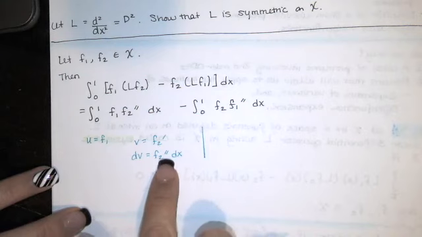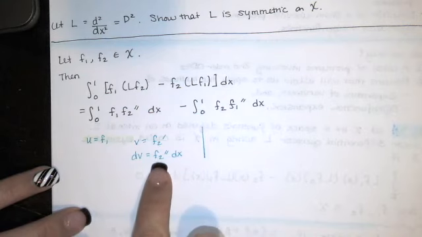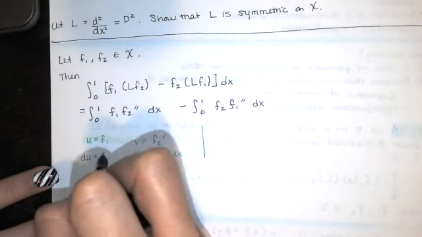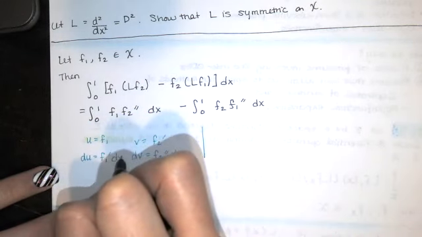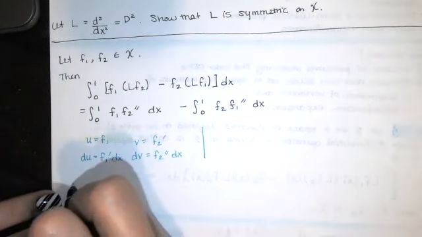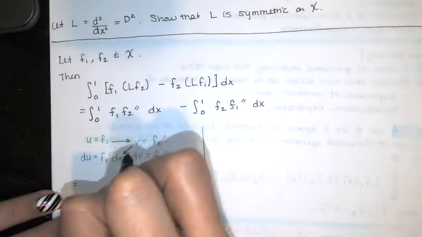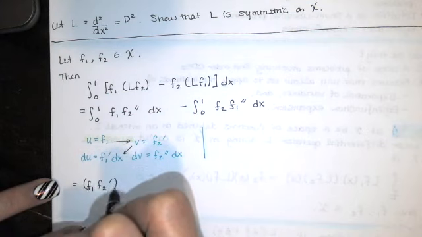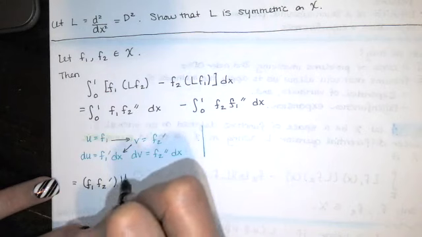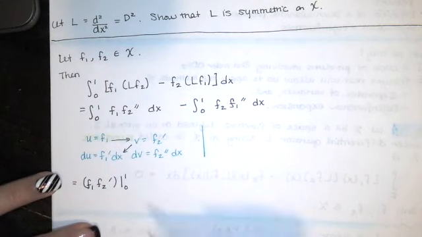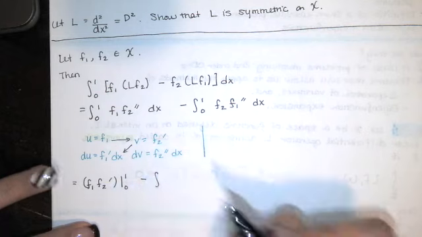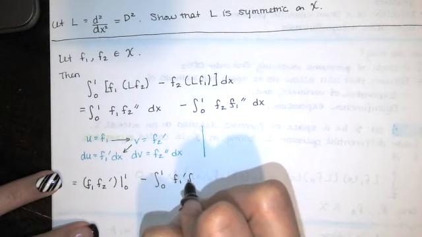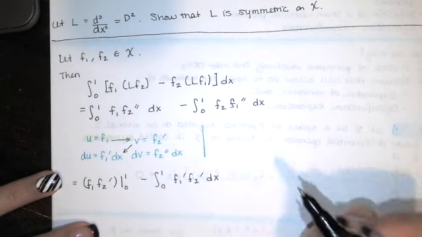We're undoing differentiation by anti-differentiating. So that's just going to reduce the derivative by 1. Du is just the derivative of this function times dx. Now, when we do the integration by parts, we get uv minus the integral of v du. So you have f1 times f sub 2 prime. Now remember that will be evaluated at 0 and 1, and then we subtract using the fundamental theorem of calculus. And then we'll have minus the integral of v times du. So it's minus the integral from 0 to 1 of f1 prime, f2 prime, dx.